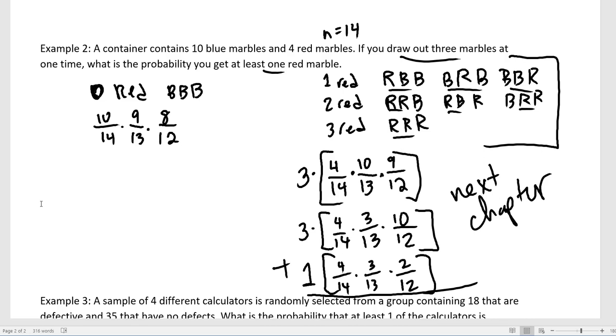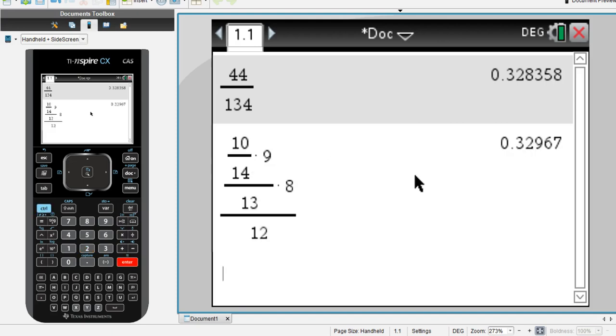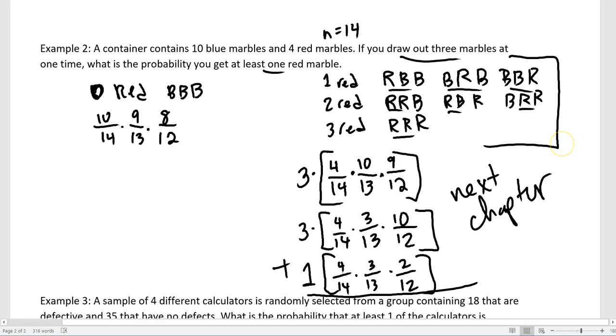Let's do 10 14ths, 9 13ths, and 8 12ths. 10 14ths times 9 13ths times 8 12ths. I know that looks horrible, but 0.32967, or 0.330 if you want to round it.